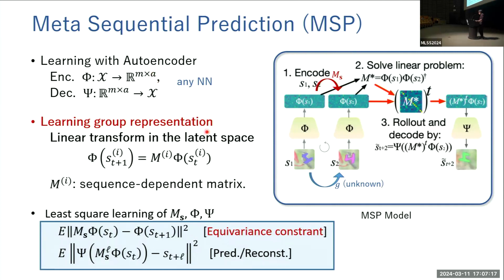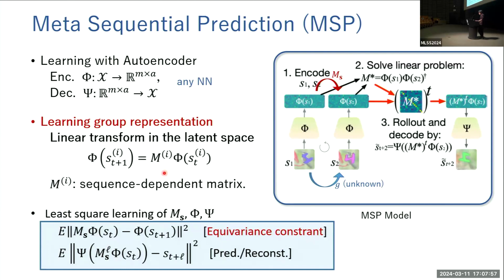And group action gives one time step. In the latent space, we realize this transition of one time step by a linear transform, more practically, some matrix M. And because for each sequence the group element may be different, we use a different matrix for different sequences. So each sequence has its own matrix.